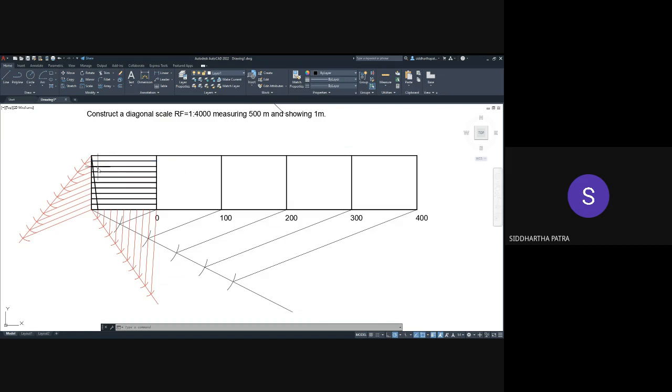So any dimension between 1 meter and 500 meters can be shown using this diagonal scale.